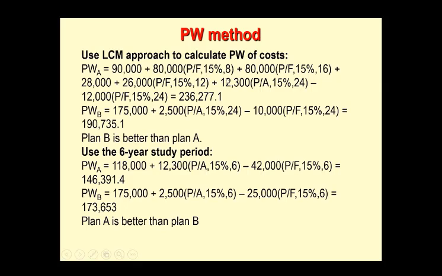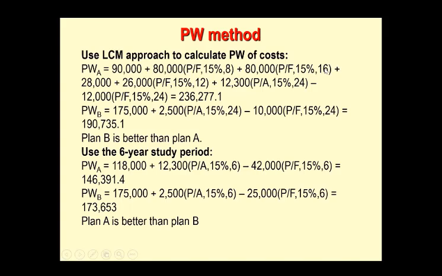So we have to repeat 3 cycles, 2 cycles more. So period 16 is the beginning of the third cycle, or the end of the second cycle.